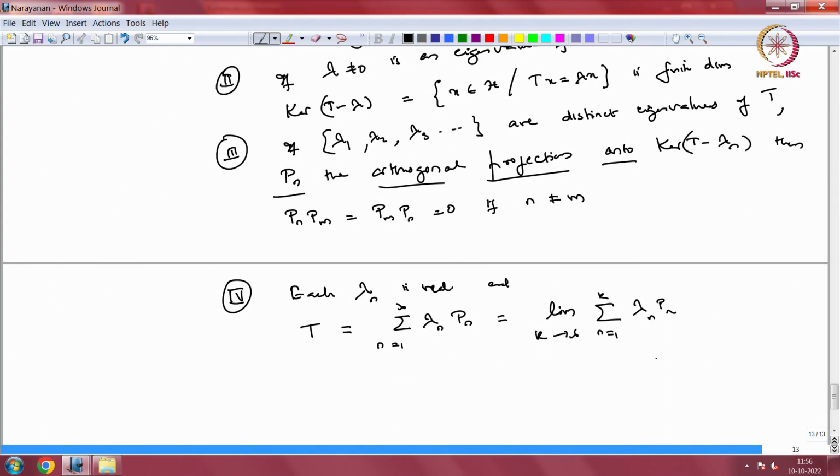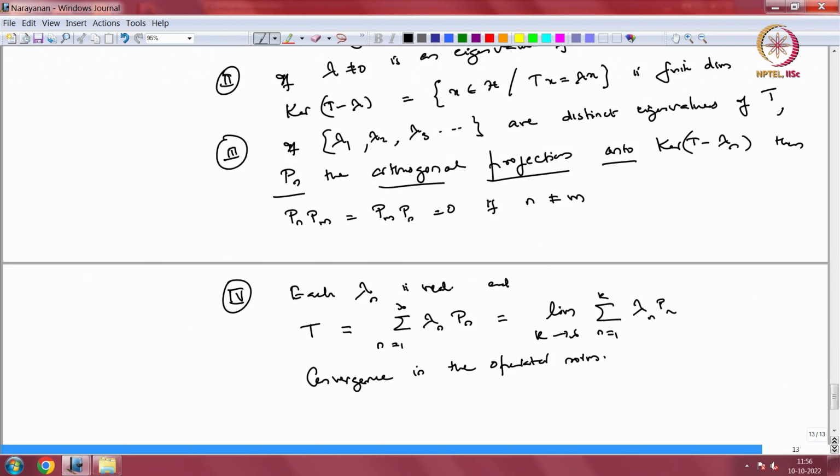Each thing on the right hand side is an operator, you are simply adding up finitely many operators, and the convergence is in the operator norm. Okay. So, that is the full statement of the spectral theorem.